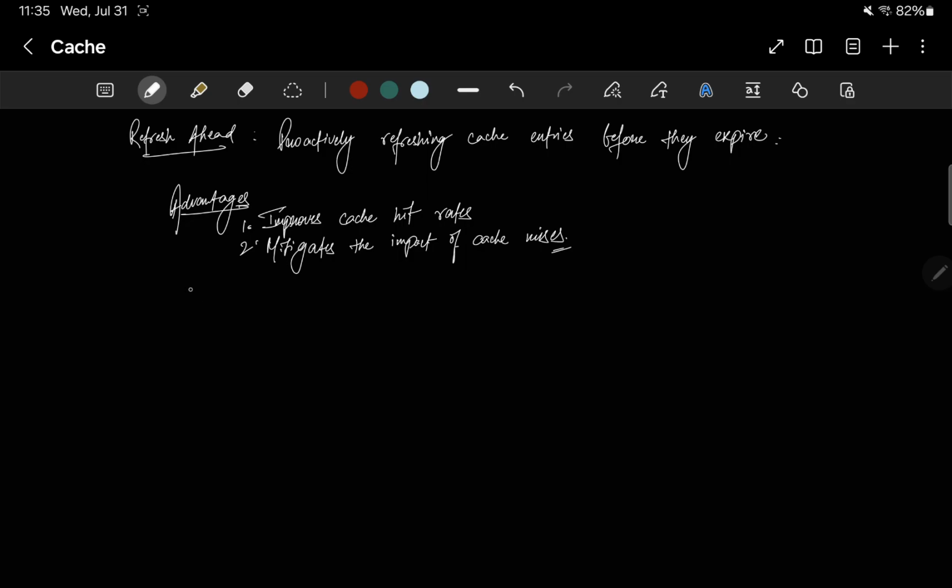So advantages are done. Now let's talk about considerations. It requires a mechanism to predict which cache entries are likely to be accessed soon.